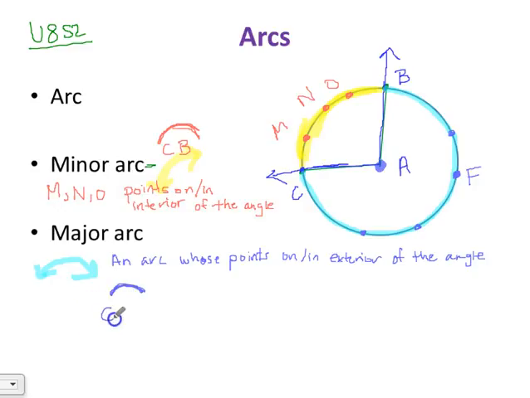So we would say CFB is the name of that major arc in blue. Many times you're going to want to use three letters to name your arcs so that you can tell the difference between the major arc and the minor arc.